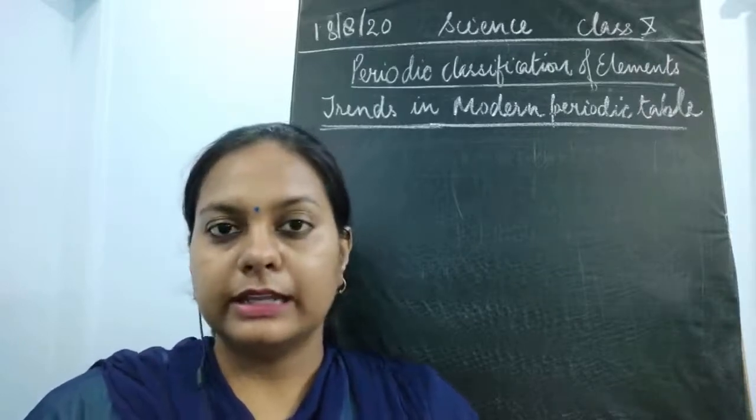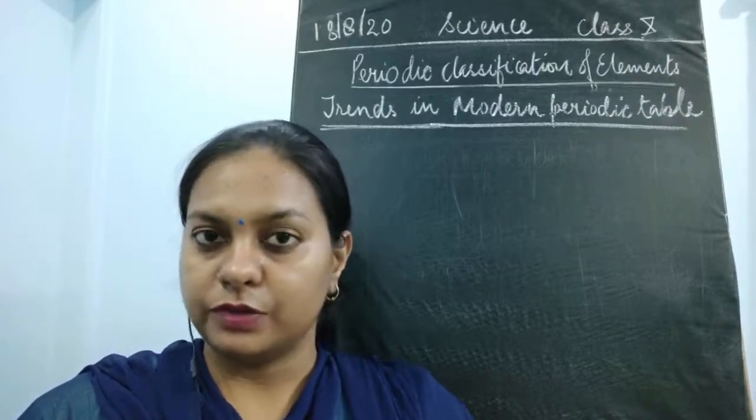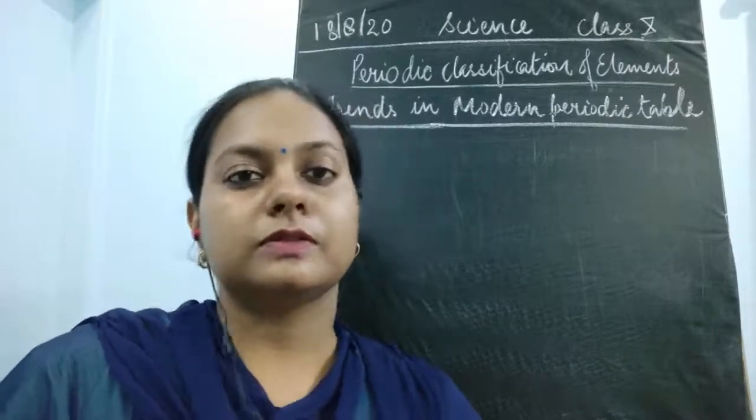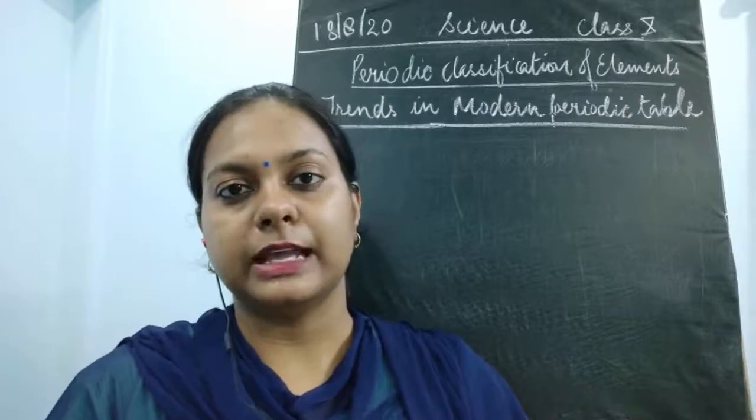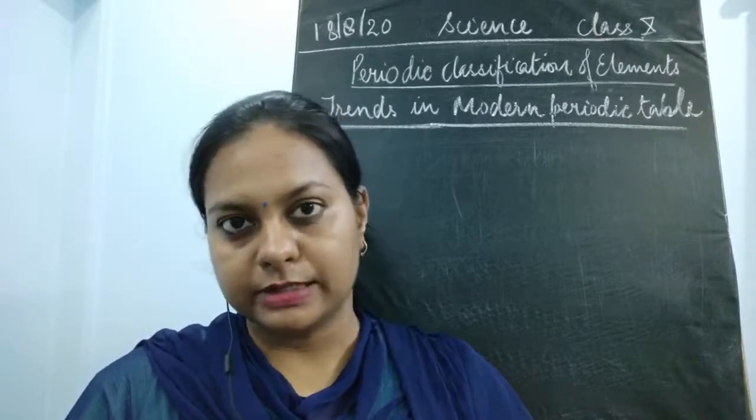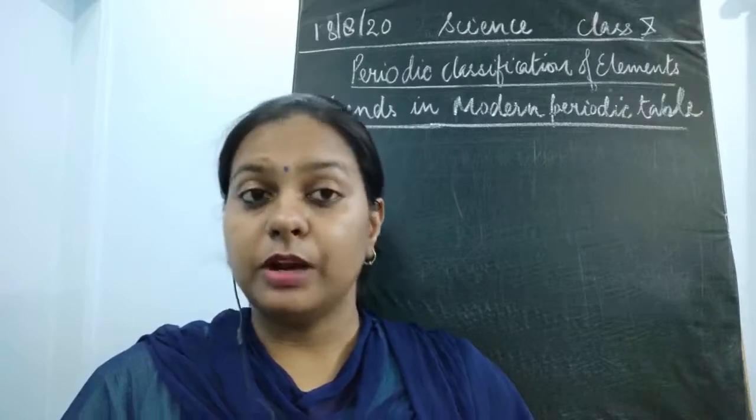So the characteristics repeat from the first to the eighth element, but this also had certain limitations: after calcium it was not able to classify other elements on the same basis, because more and more elements were there.